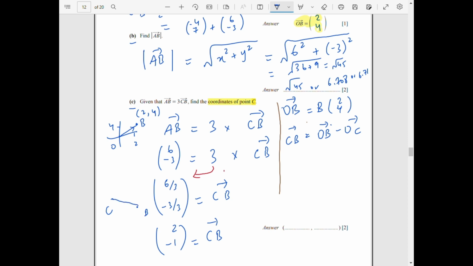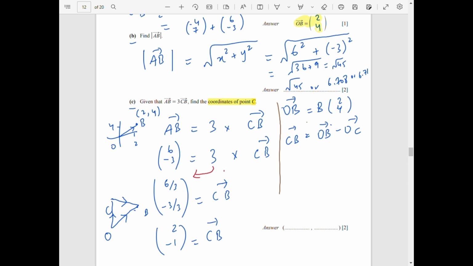If I want to find CB, I can go from O to B and then subtract this OC, right here. So what I will get is that CB will be equal to negative BO and then this positive OC, right?